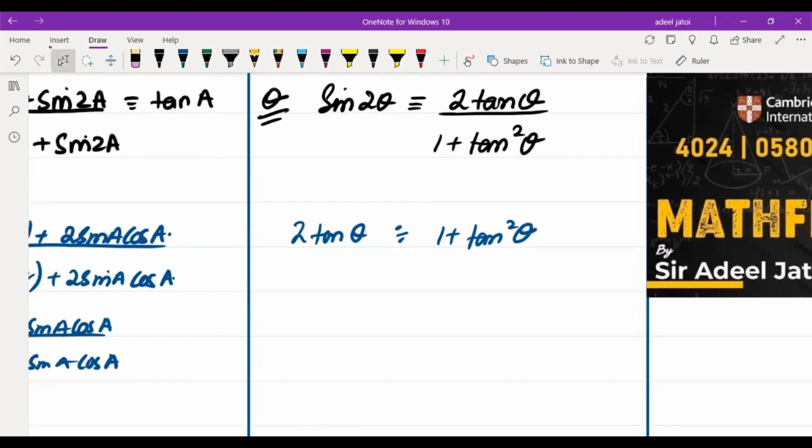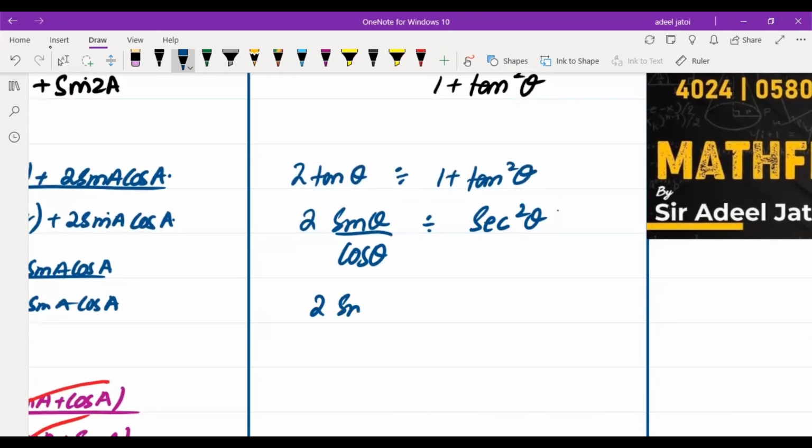Why did we use this side? Because tan theta can be shifted to 2 sin theta upon cos theta divided by sec square theta, which means 2 sin theta upon cos theta divided by 1 upon cos square theta.